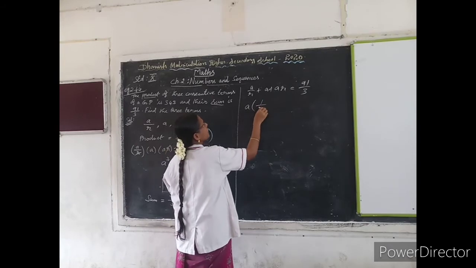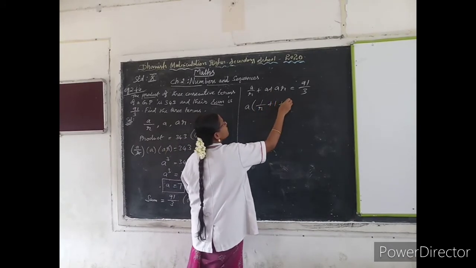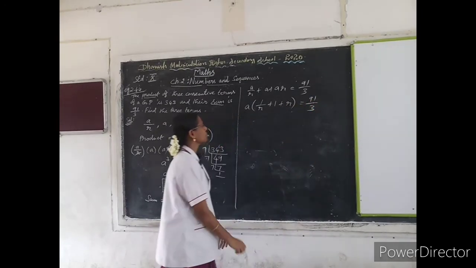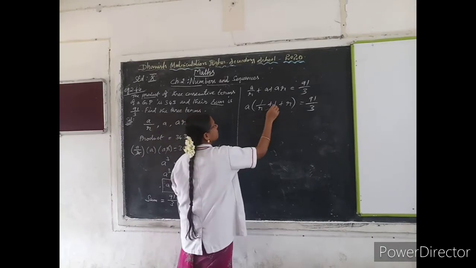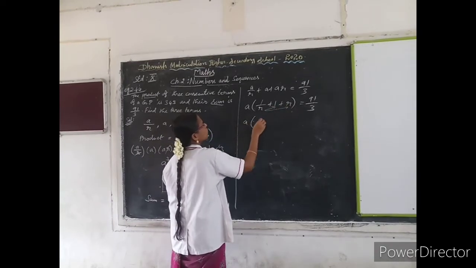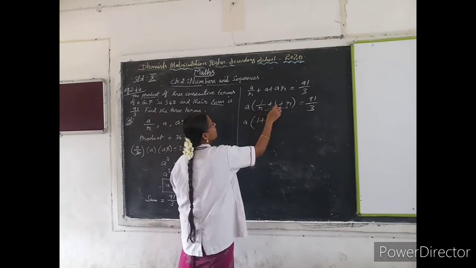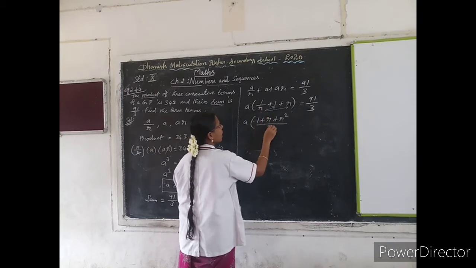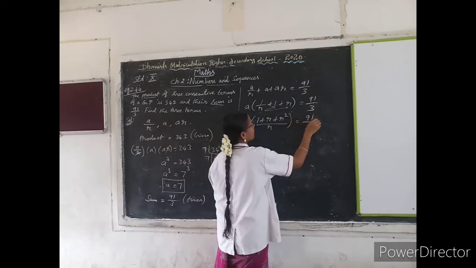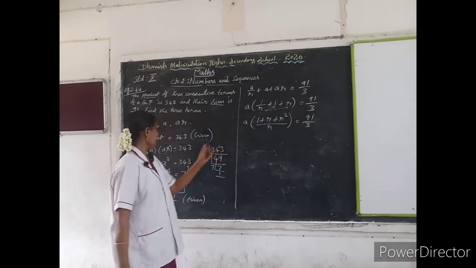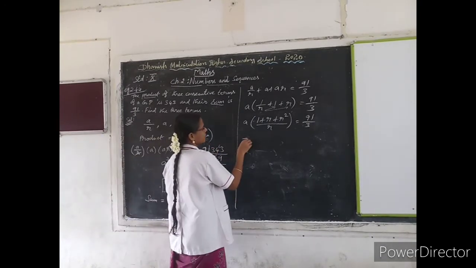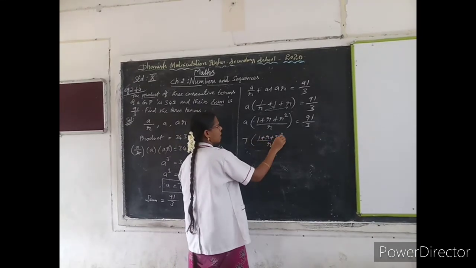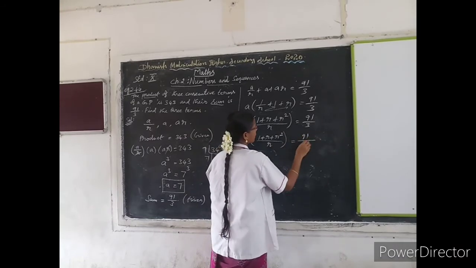So a into 1 by r plus 1 plus r is equal to 91 by 3. Now take LCM: a into 1 plus r plus r square divided by r is equal to 91 by 3. We know what a is. a is 7. Substitute here: 7 into 1 plus r plus r square divided by r is equal to 91 by 3.